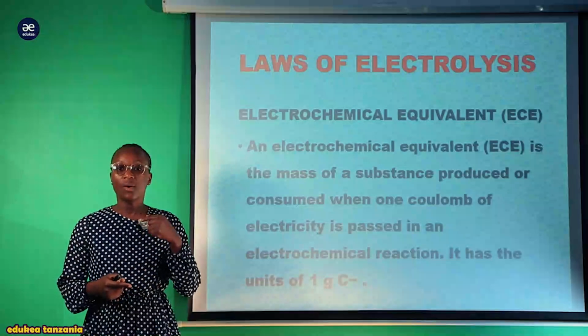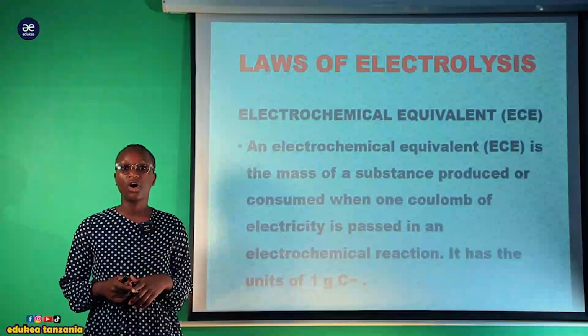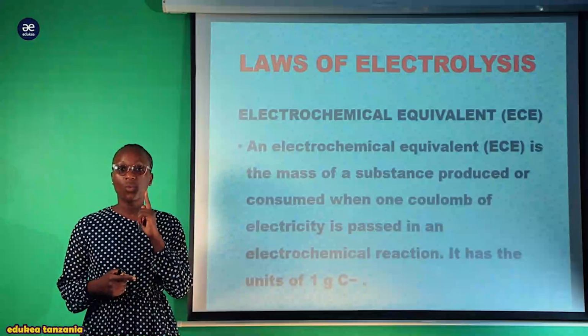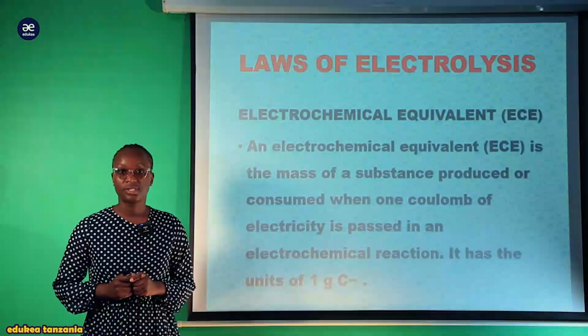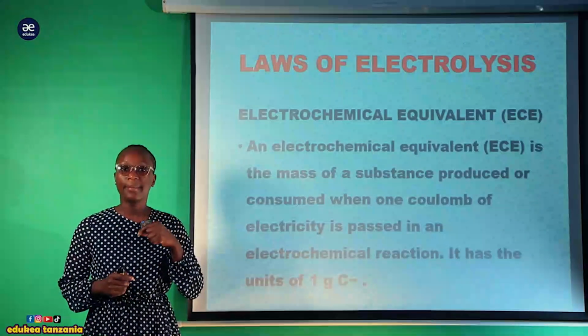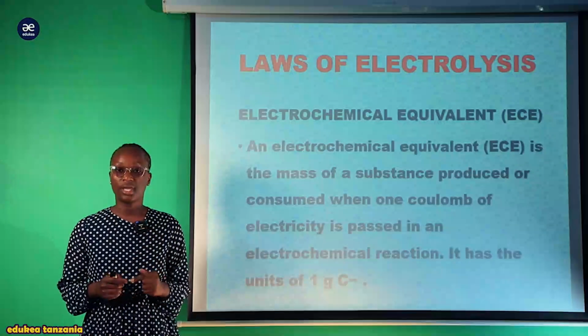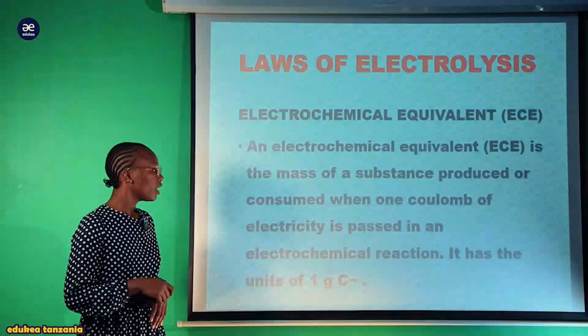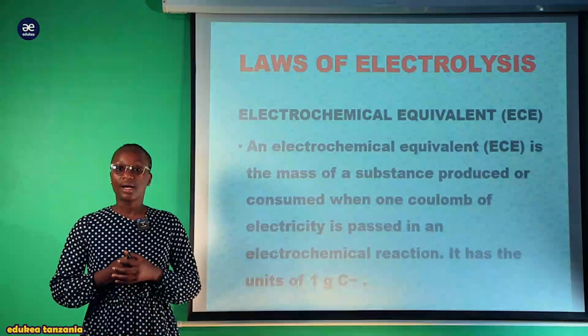So the way that electric current passes through the electrochemical reactions, the quantity in 1 coulomb, the mass that is consumed or liberated is what we call the electrochemical equivalent. It has the unit of gram per coulomb.